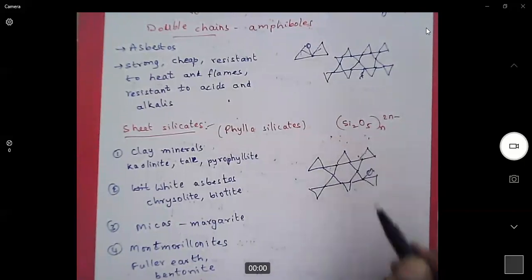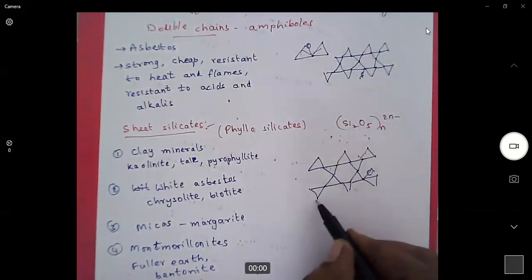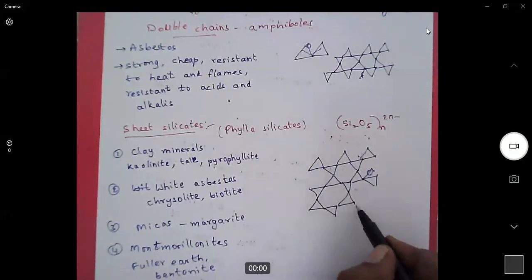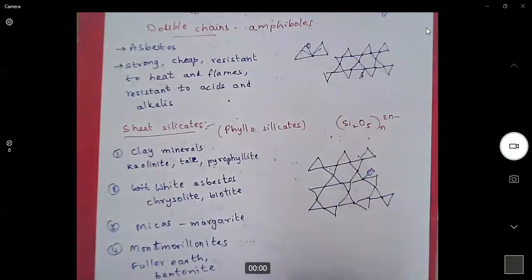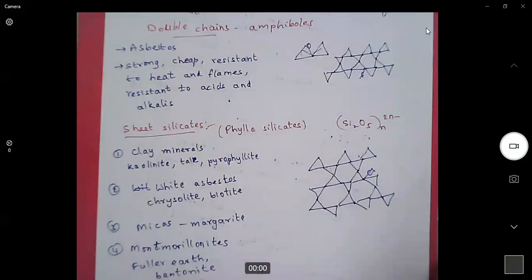Now, if we attach one more chain, it becomes a sheet-like structure, right? We can attach some more chains so that it becomes a large two-dimensional sheet structure. So these are called sheet silicates. Examples of sheet silicates: clay minerals, white asbestos, mica, montmorillonites.